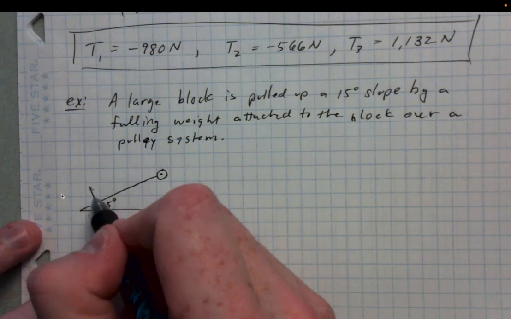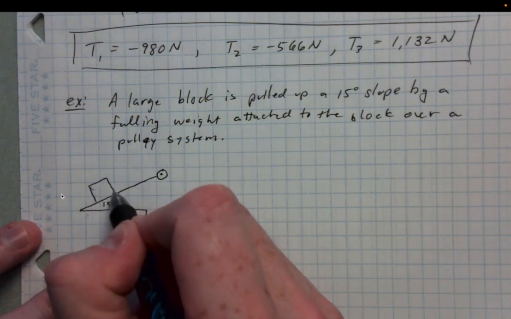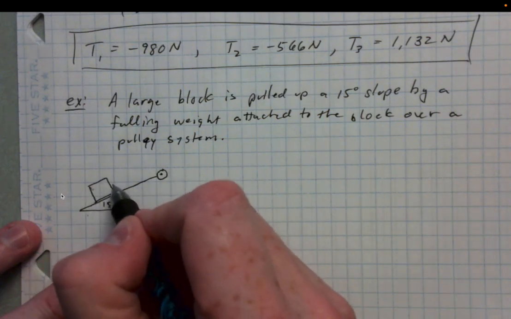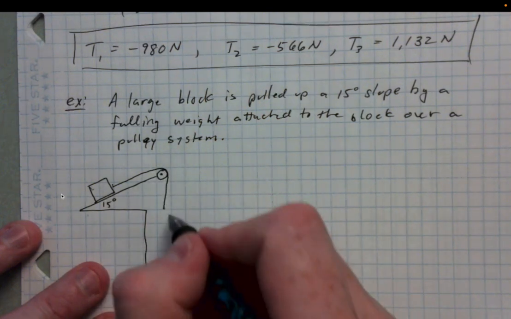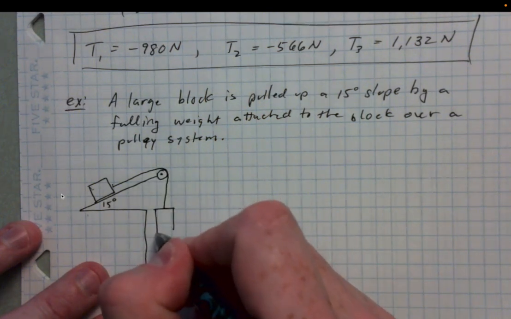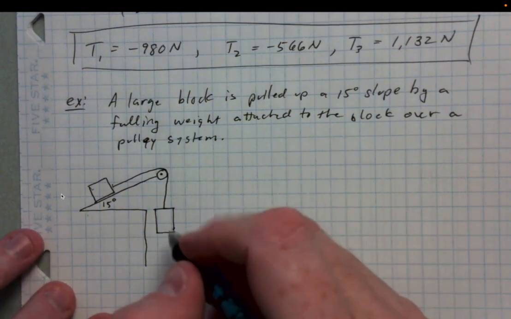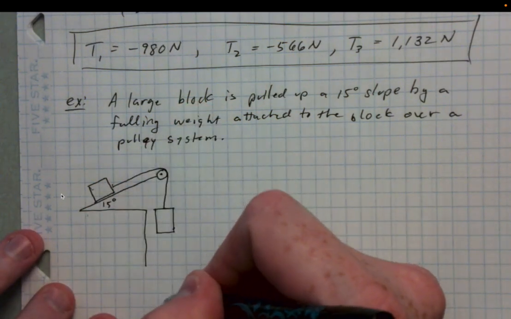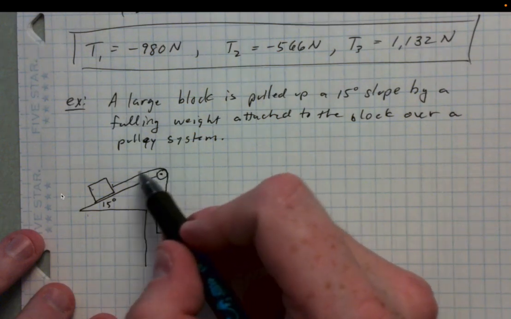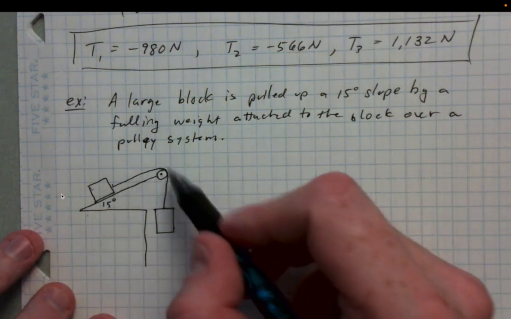And then we've got this block on this incline. And it's being pulled up the incline by a weight that is hanging from this rope through this pulley, right? And so this guy here is pulling down, and as it pulls down, it pulls the rope, and the rope naturally pulls the block up this incline.